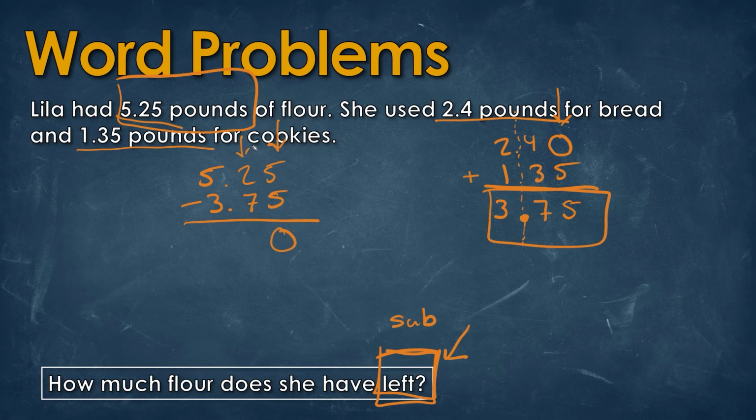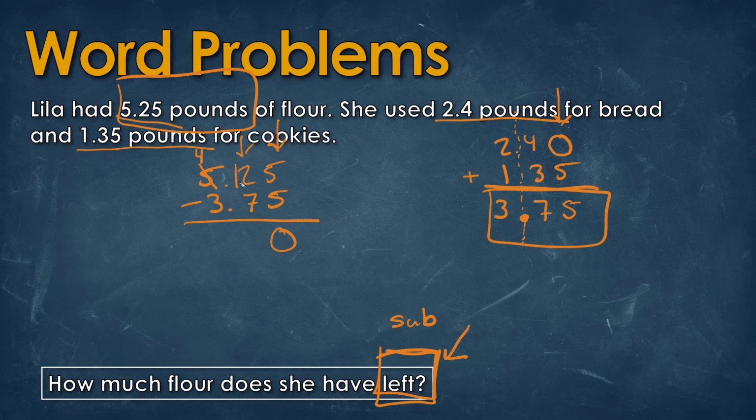2 minus 7, unfortunately, we can't do. And the reason why is because that same process, that the top number has to be bigger than what's on the bottom. So for us to be able to subtract this, we're going to borrow from this 5. And when we borrow, we're actually going to take one from 5. So 5 minus 1 would be 4. We take one value, and that 1 that we took, we're going to put over to the column to the right, the one that we're trying to subtract.